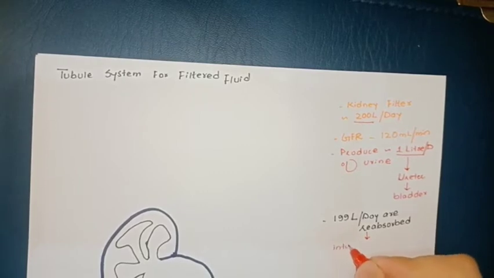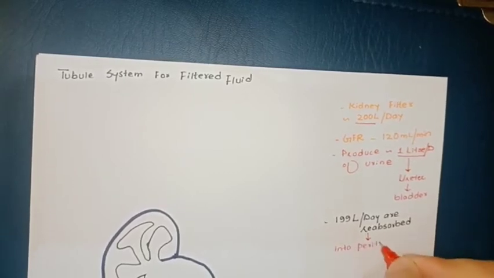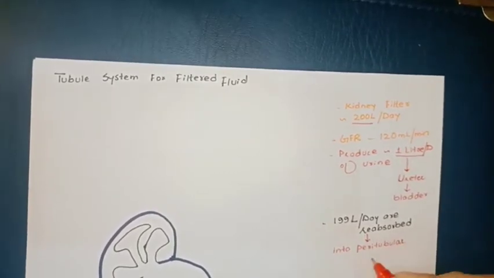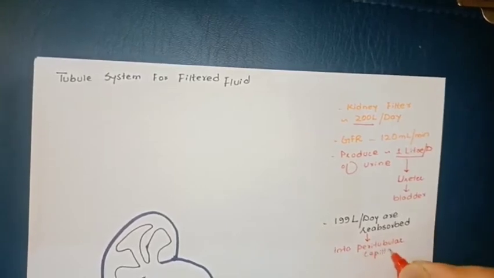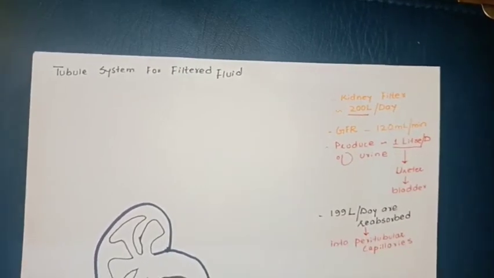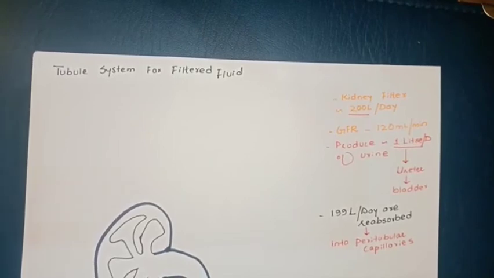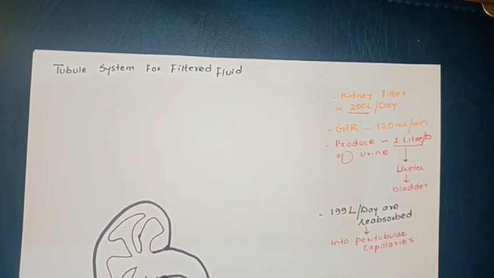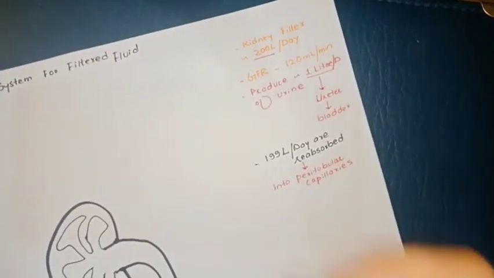These filtered fluids are reabsorbed back into the blood. The purpose of the filtering is that only the waste product is removed and the useful stuff goes back to the blood. Now, there are some hormones that increase the amount of fluid that is reabsorbed.